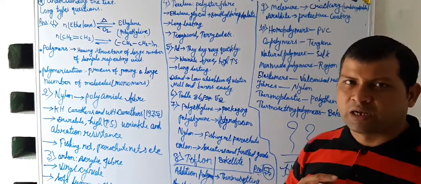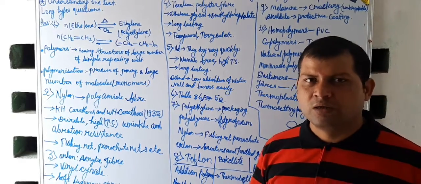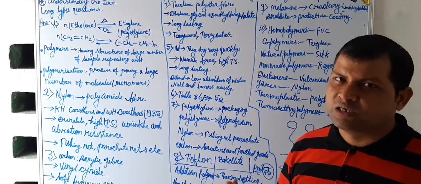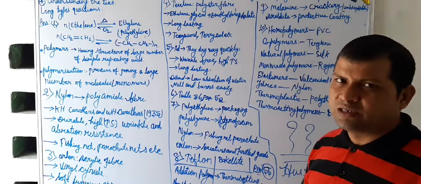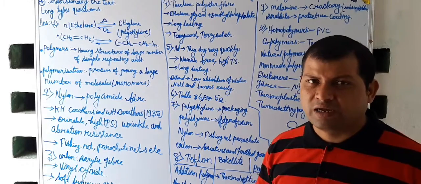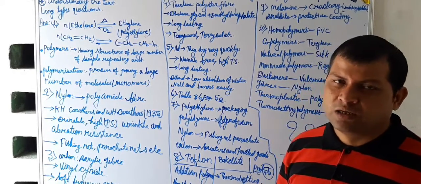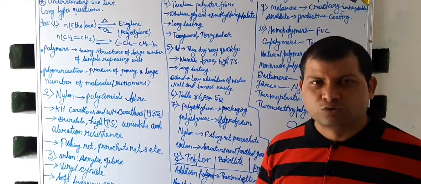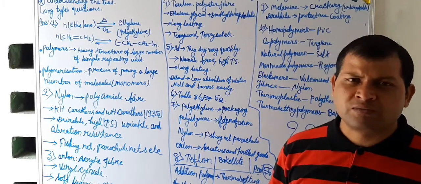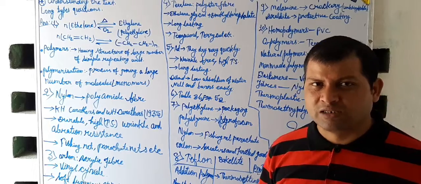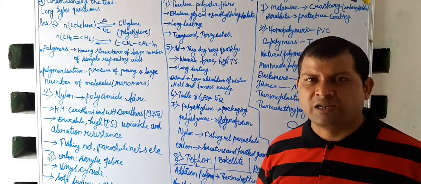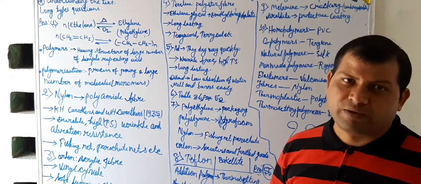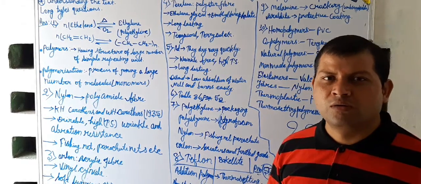The second disadvantage is that they can melt and burn easily, so we should not use clothes of synthetic fibers or synthetic materials in kitchens. If there is fire there, then it may be harmful for us.